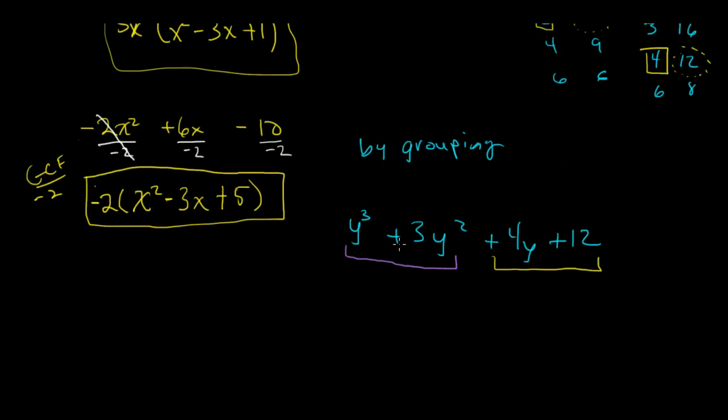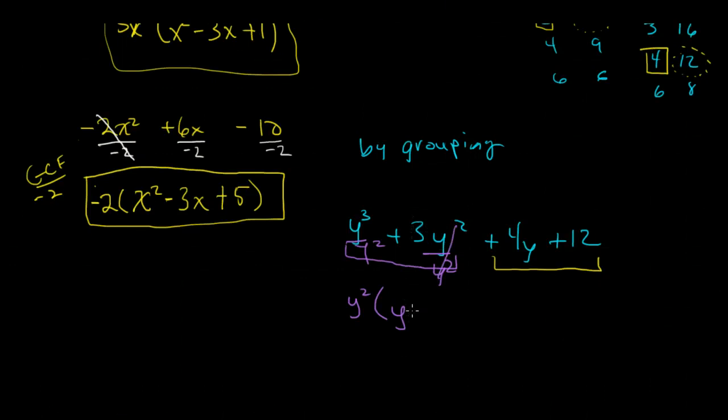Y cubed and 3y squared have only a y squared in common. Since there's no coefficient here, I can't divide out a number. And this one has y squared and this one has y to the third, so I can only take out the y squared. And when I divide out y squared from there and from there, I'm left with y here.